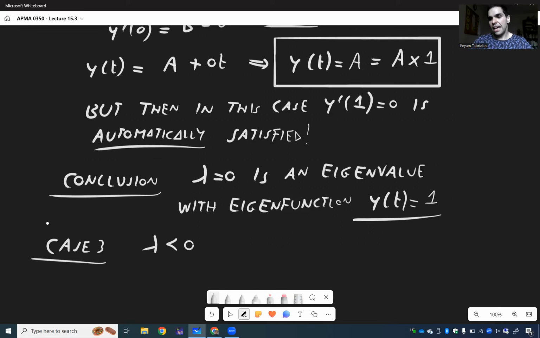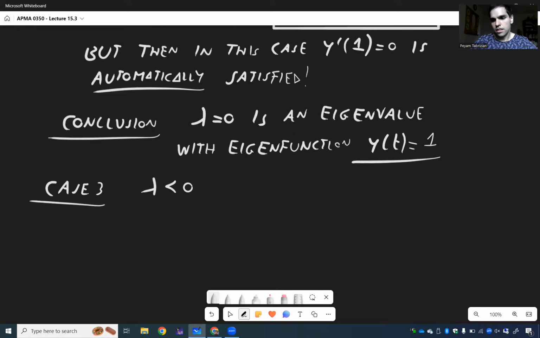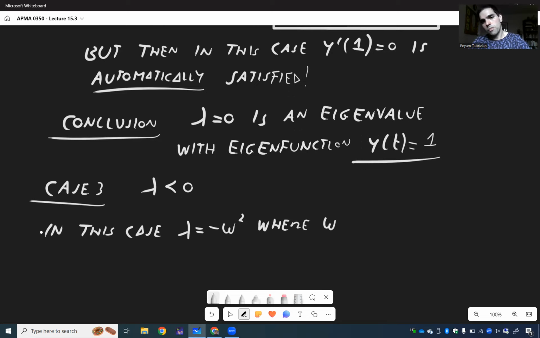So let's do lambda negative. In this case, lambda is minus omega squared, where omega is a positive number.